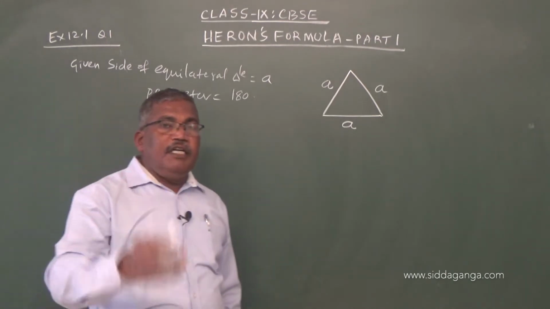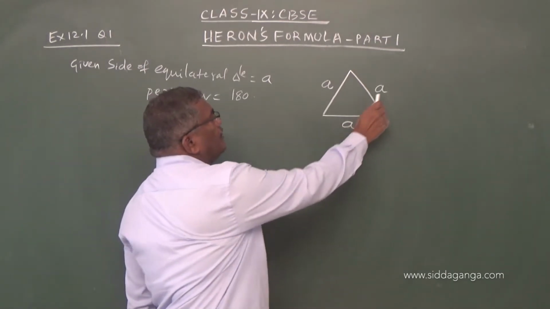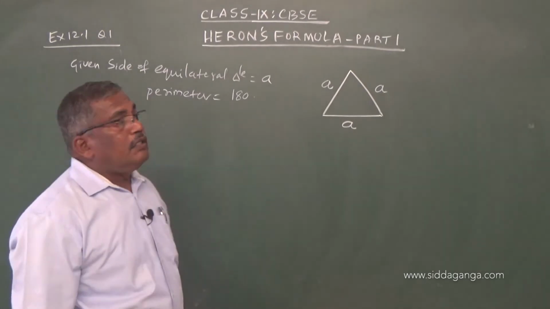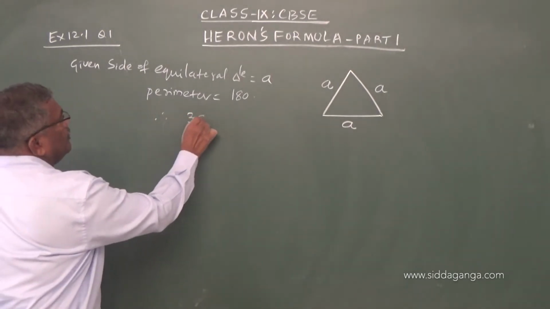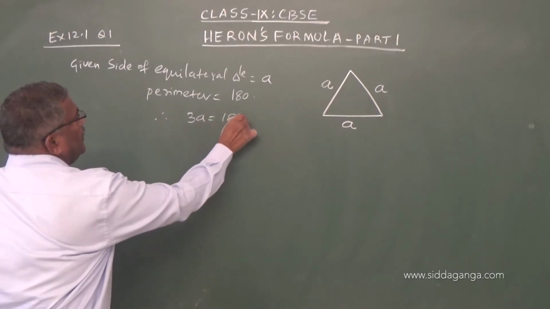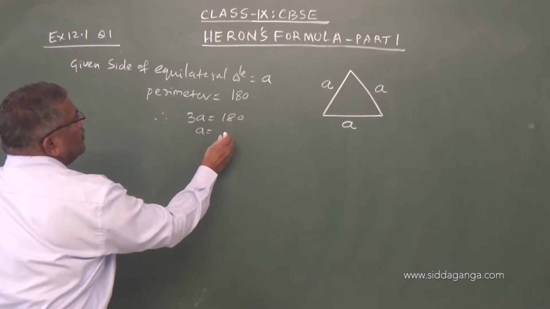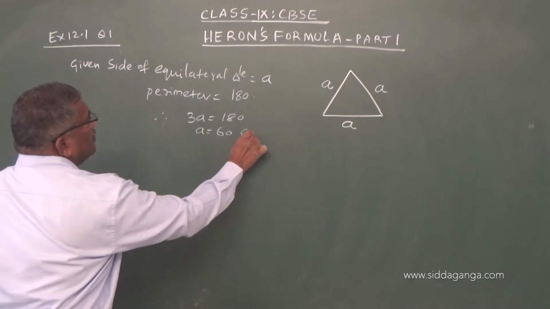But perimeter is nothing but A plus A plus A, 3A. So therefore 3A equals 180, A equals 60 centimeter.